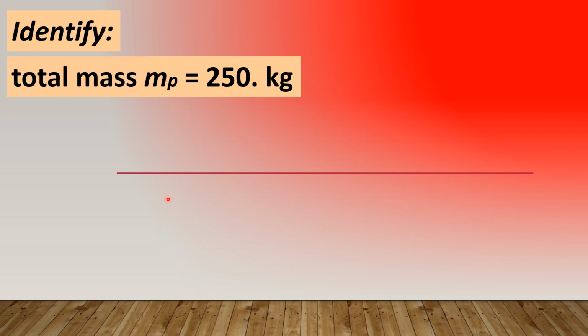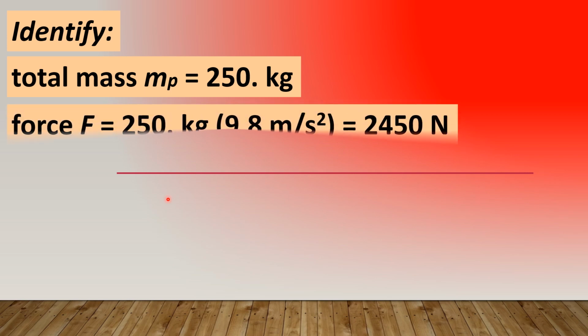We're given the total mass of the car occupants. This is labeled m sub p equal to 250 kilogram. So this mass corresponds to a gravitational force of 250 kilogram multiplied by 9.8 meter per second squared, or 2,450 newtons.